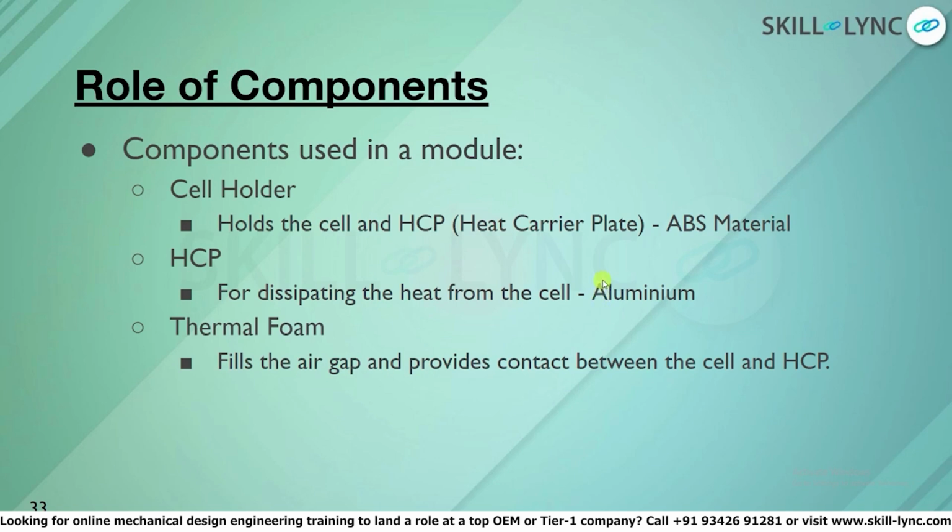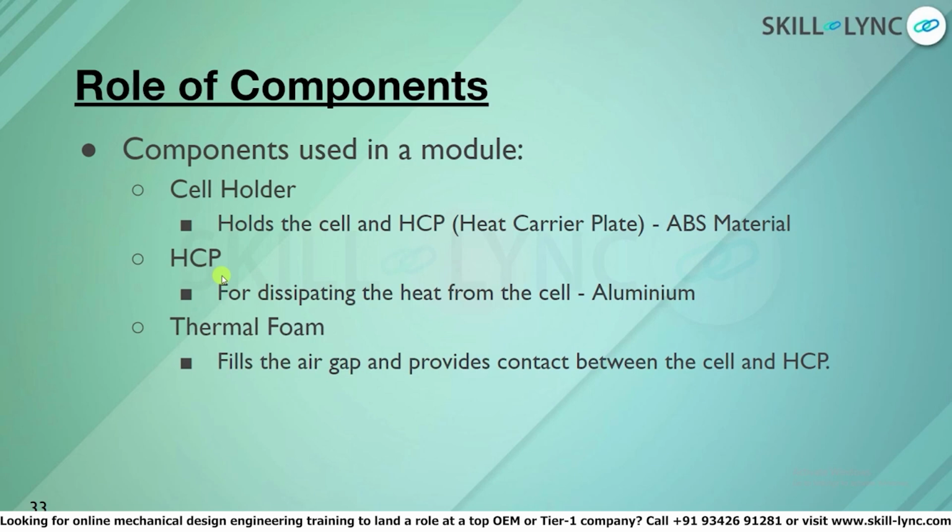So in a battery pack you have different components which we discussed. So this is in general. We have components like, in making a module, cell holders, which are basically to hold the cell. And when it comes to a pouch cell, this HCP, we call it a heat carrier plate, which is nothing but a metal plate which we saw in the earlier slide.